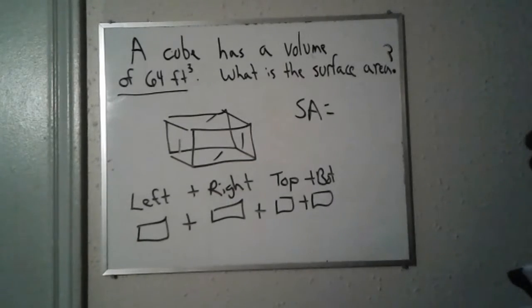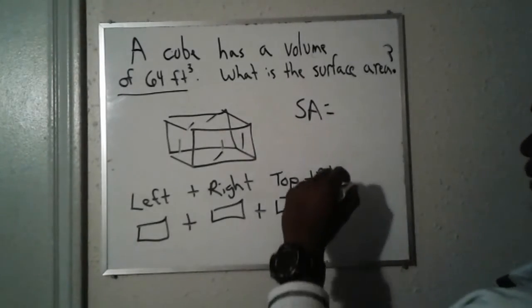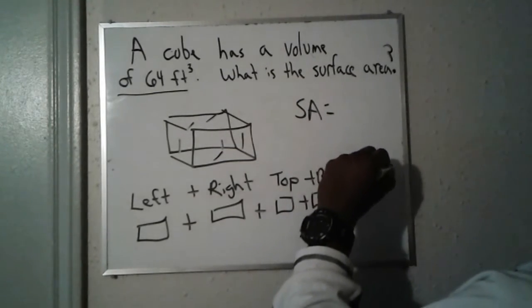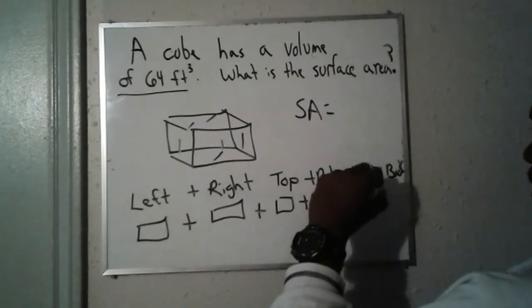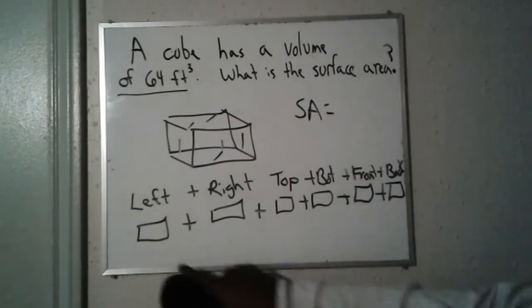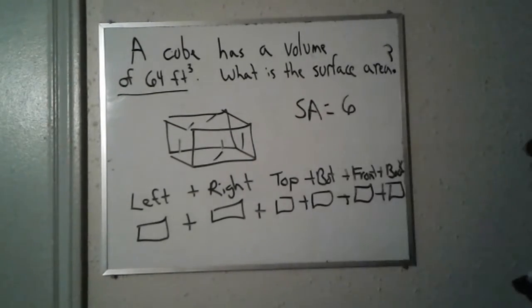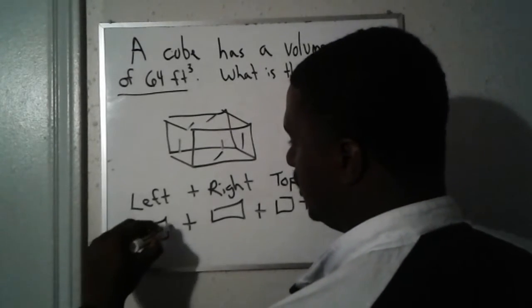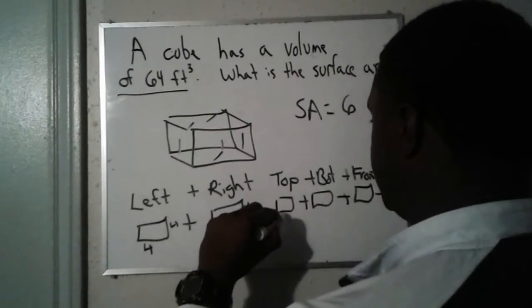Now, if it got a front, then it have to have a back. Front, back. Now, that's where that 6 comes from, and it's a side square. I just told you that a square have all sides the same.